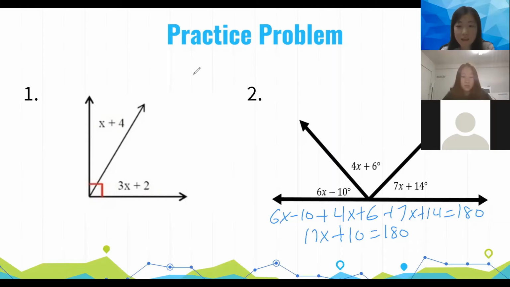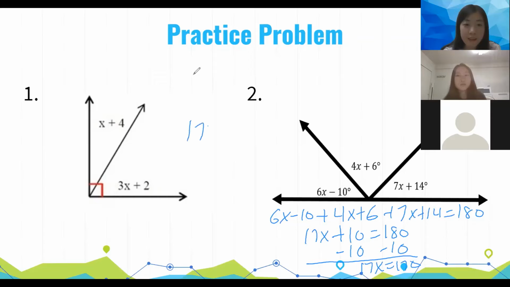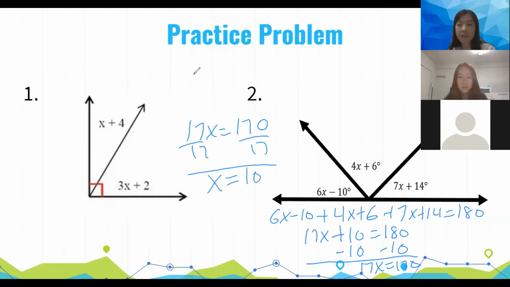So you subtract 10 on each side. I'm going to write it here so you can see. Then you divide by 17 on each side and you get x equals 10, right? Yes. Do you want to plug the x in to see what the degree of each angle is?